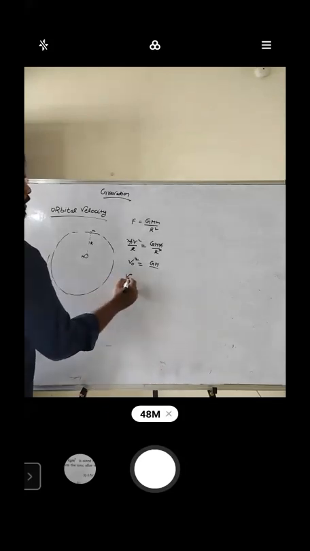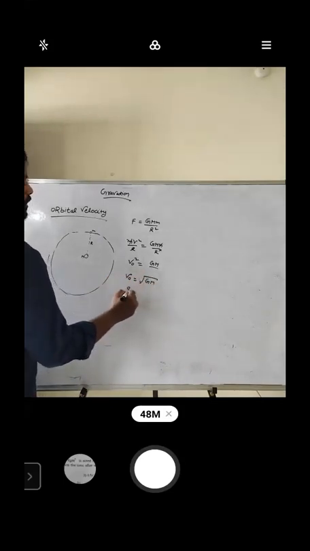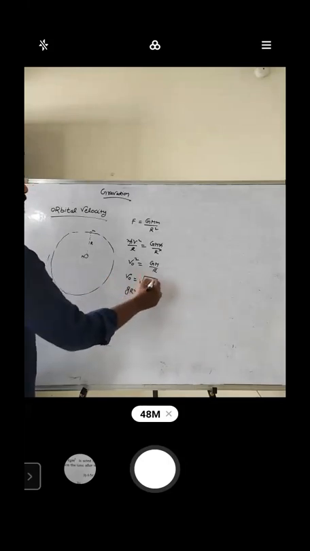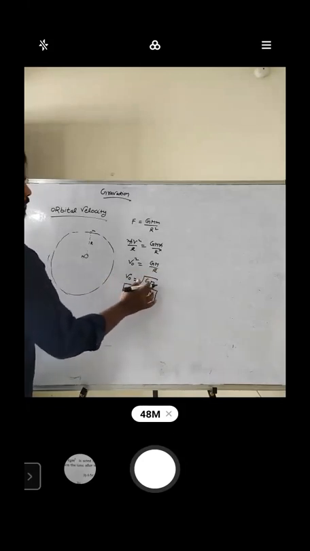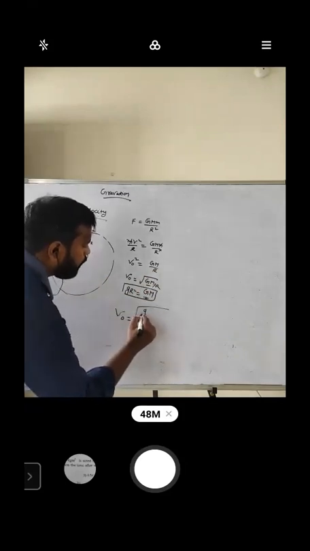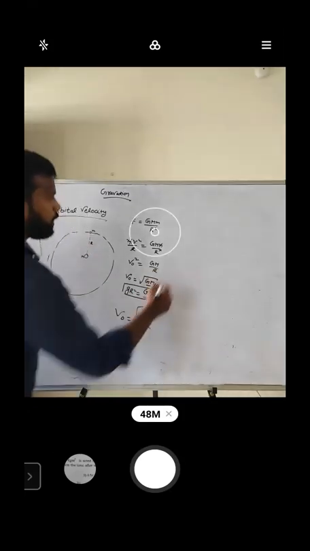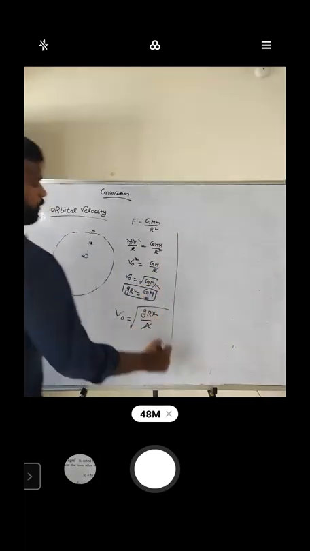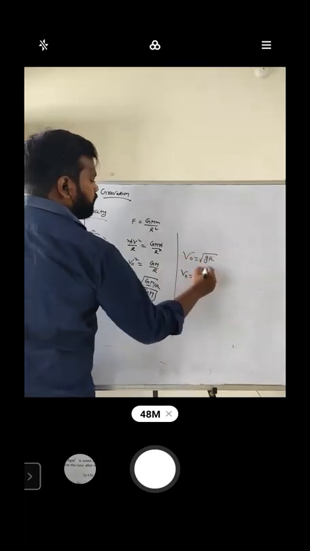We know gR square equal to G capital M. So V naught equal to root over gR square by R. R square gets cancelled, so you get the orbital velocity formula, root gR. So V naught equal to root over g value 9.8.